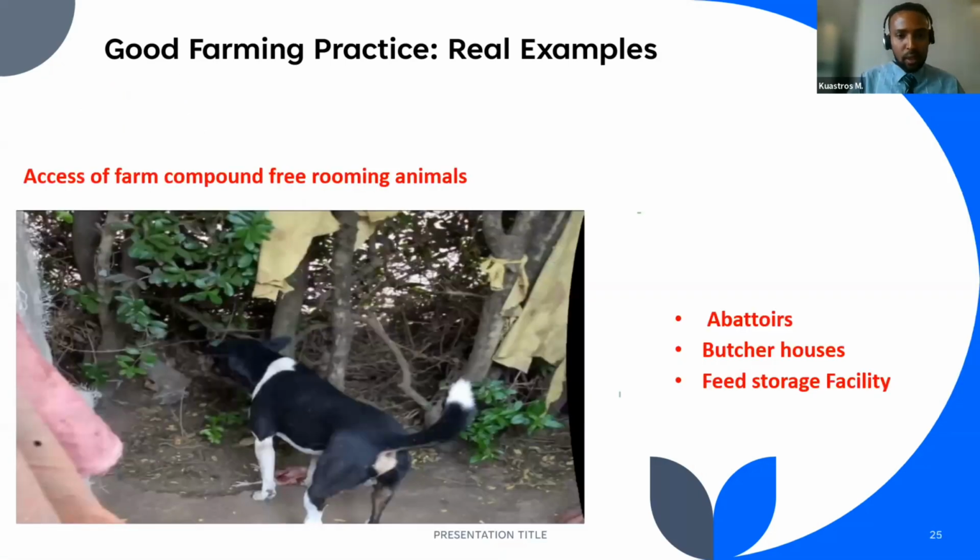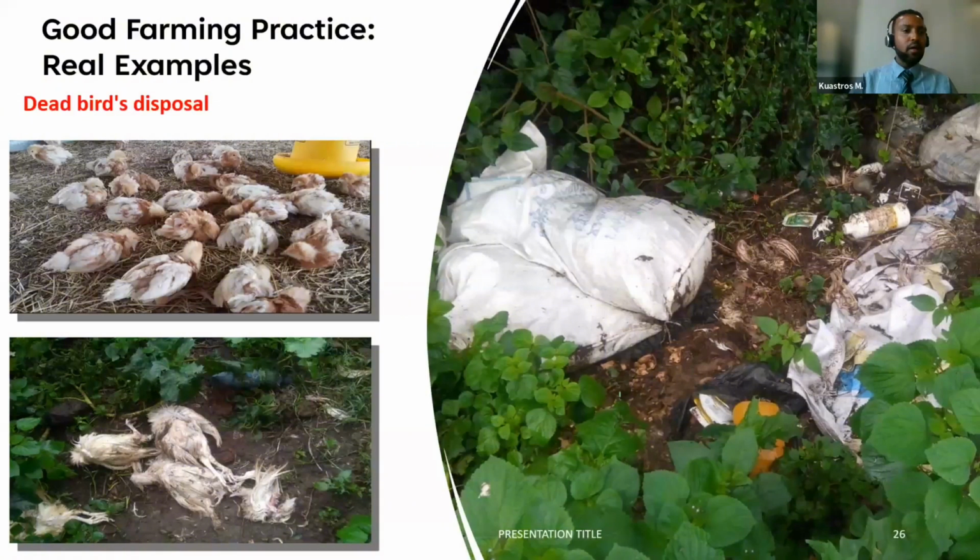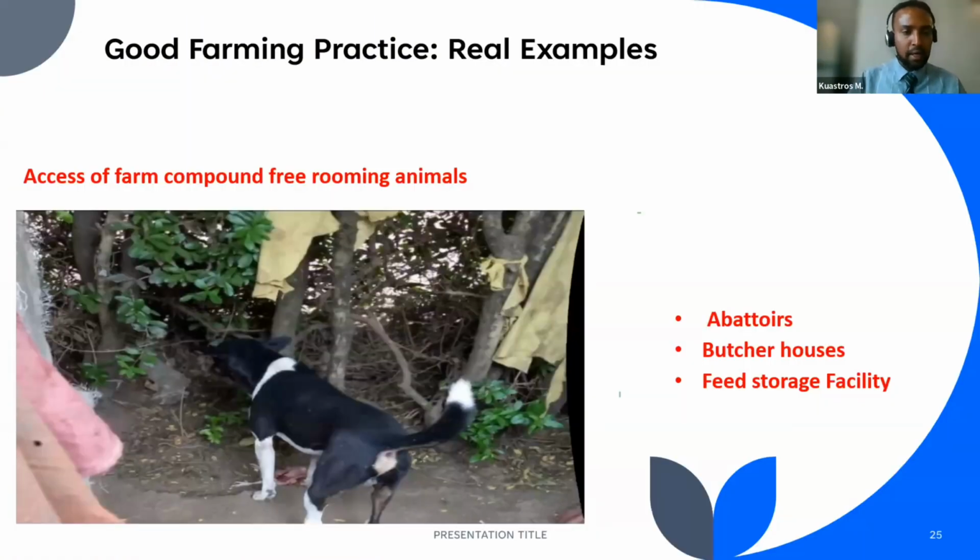And another example is preventing access from freely roaming animals. It could be abattoir, it could be butcher, it could be feed storage facilities. This facility should be really banned from entrance of unauthorized persons and also from freely roaming animals, because they are able to spread infection.